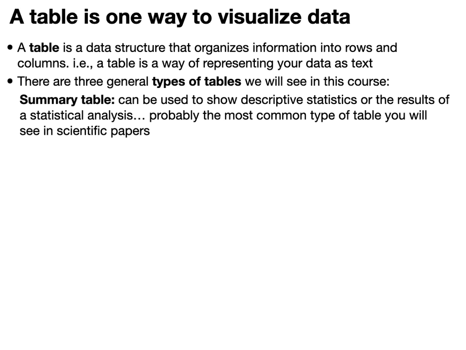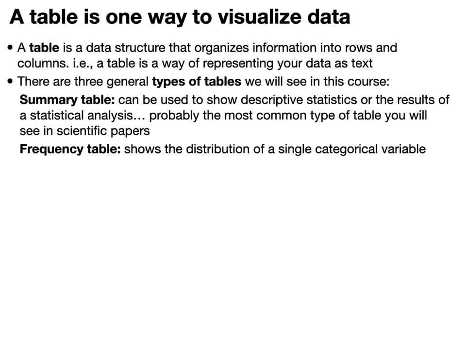A summary table, I'd say, is the most common type when you read scientific papers. It just summarizes descriptive statistics, or it summarizes the results of a statistical analysis. A frequency table is a very simple type of table, and it just shows you the counts of different categories within a categorical variable.